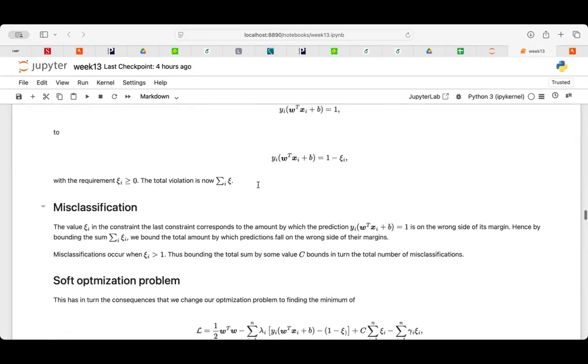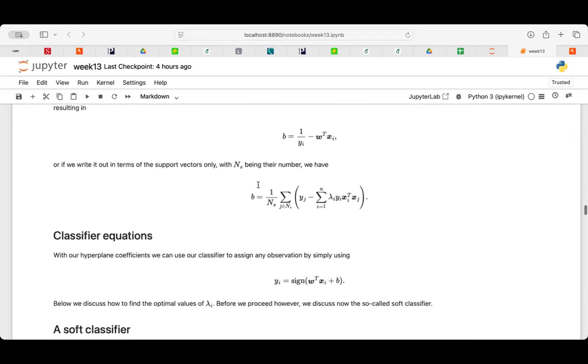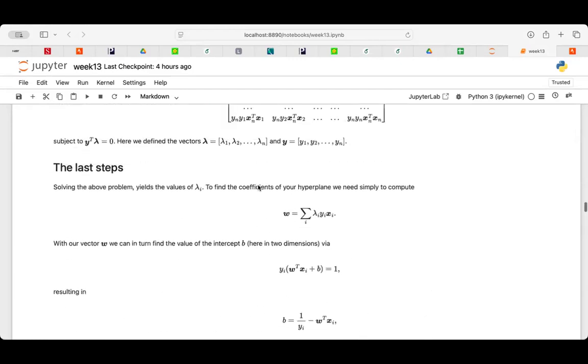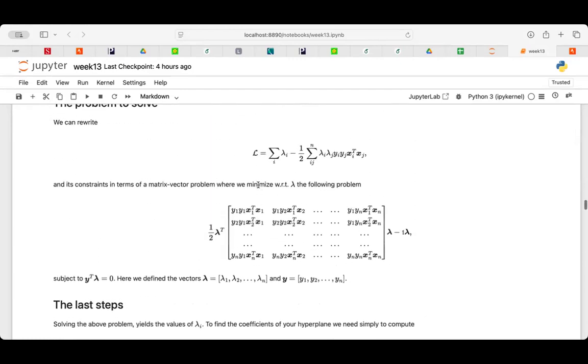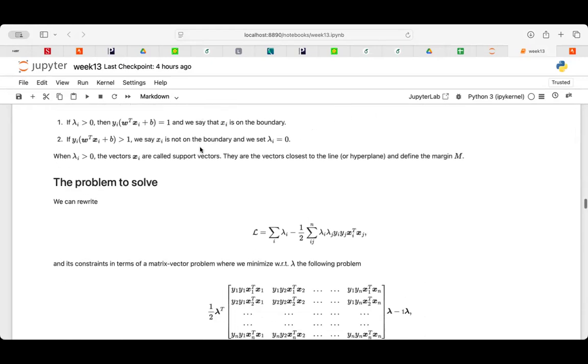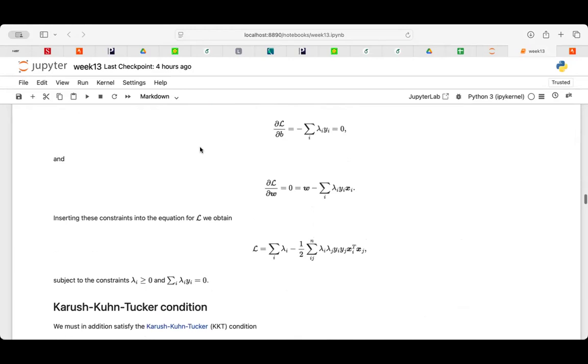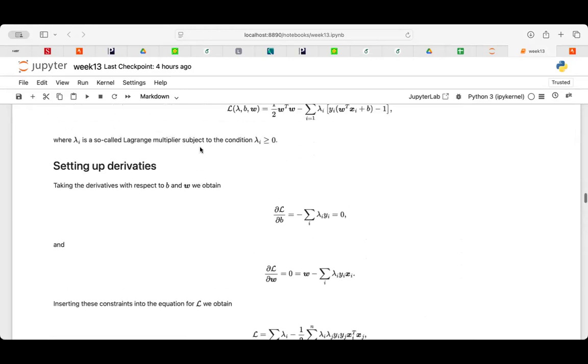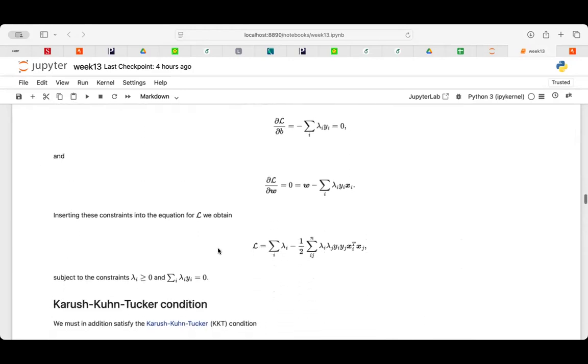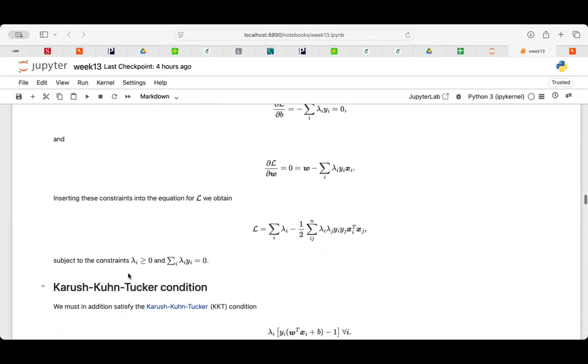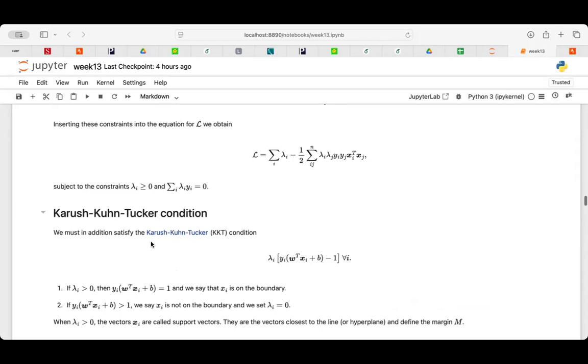So the problem which we have defined till now is essentially a problem which runs like this. So we would have a Lagrangian when we took the derivatives, when we set up the different derivatives. We have a Lagrangian which is now given in terms of these parameters, these Lagrange multipliers, and subject to these specific constraints.